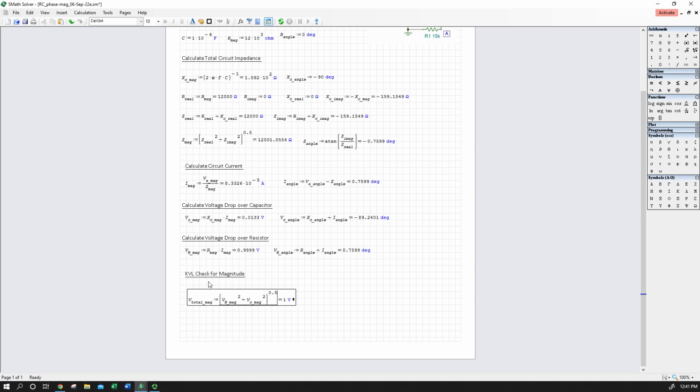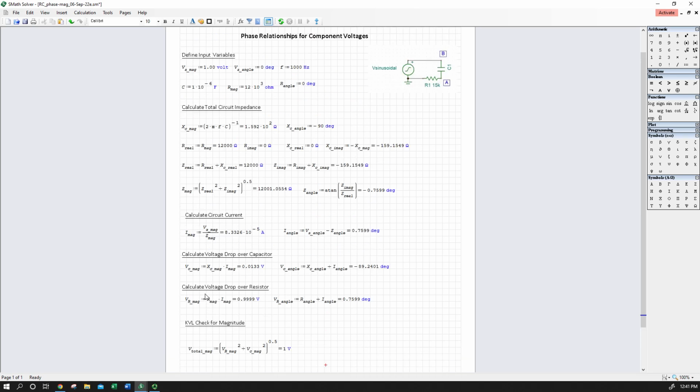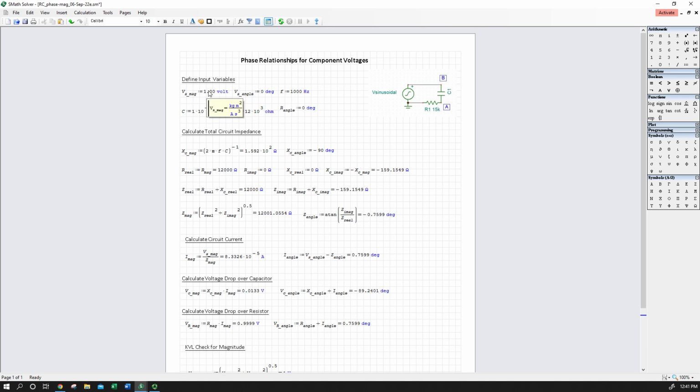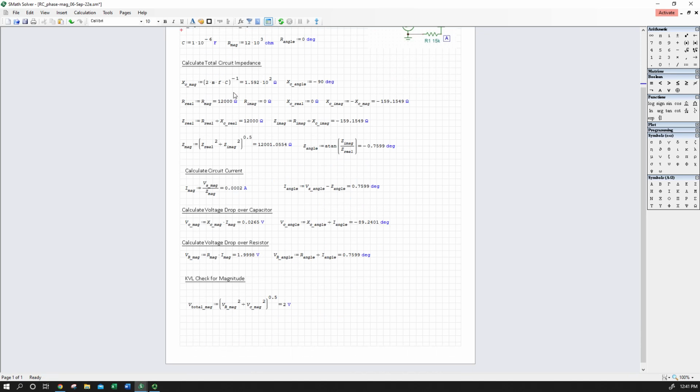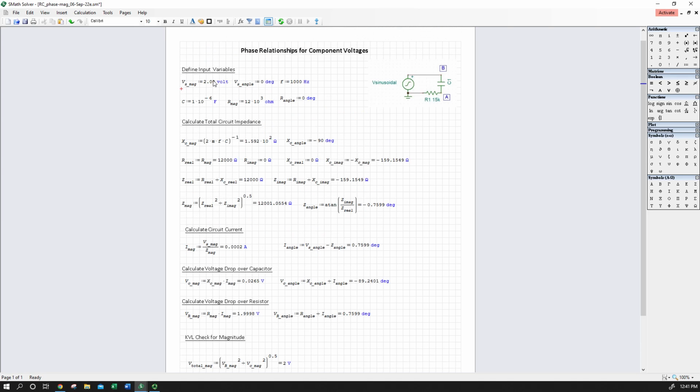Aha! Good sign! I get 1 volt, which is exactly what I was hoping to get. That's our source. And in fact, I can even show that this would hold true if I had a 2 volt source. So that's a good sign.